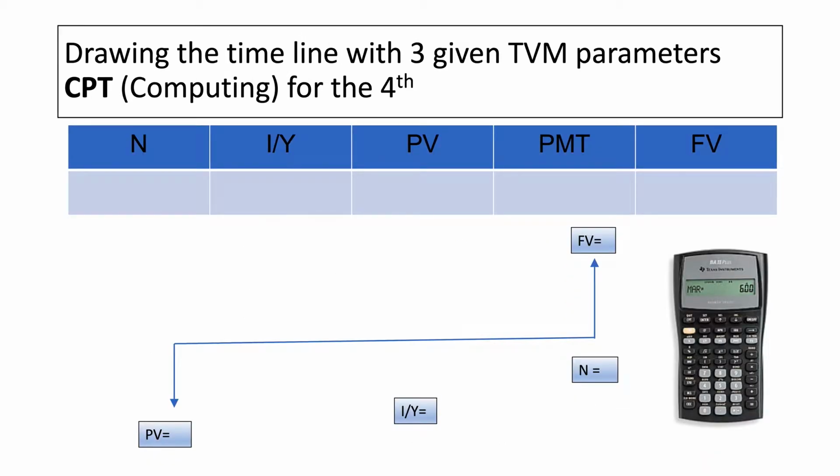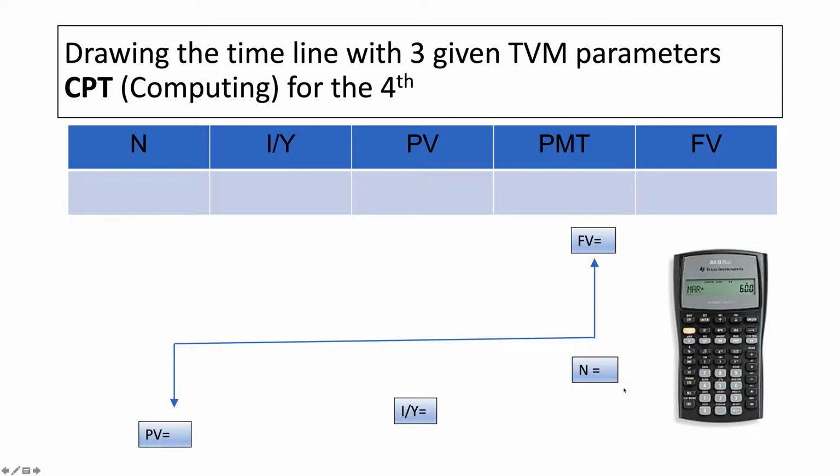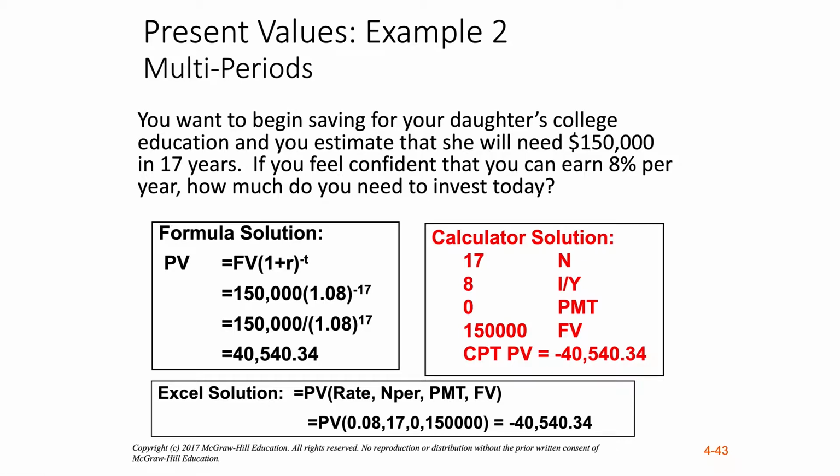Now let's look at another example of multiple periods. You want to begin saving for your daughter's college education, and you estimate that she will need $150,000 in 17 years. If you feel confident that you can earn 8% per year, how much do you need to invest today? Looking at the timeline, the period is 17 years, and the future value you need is $150,000, and the interest rate is 8%.